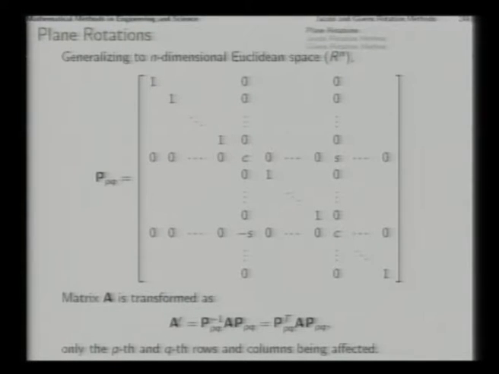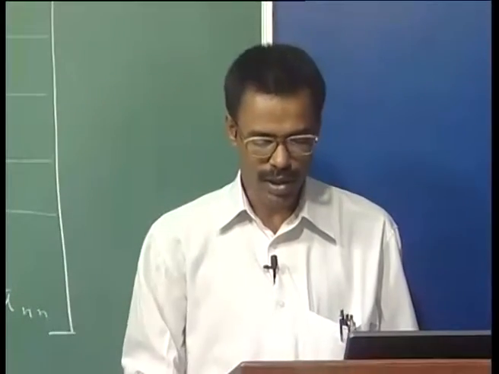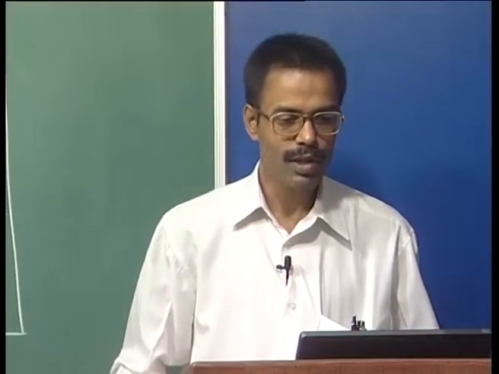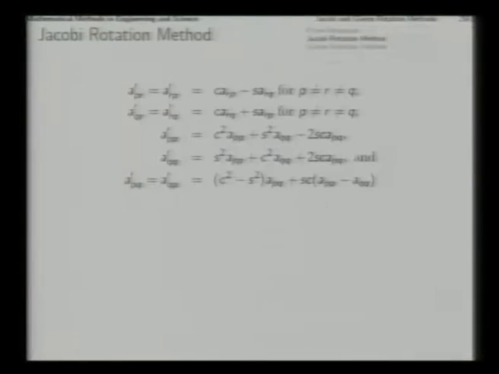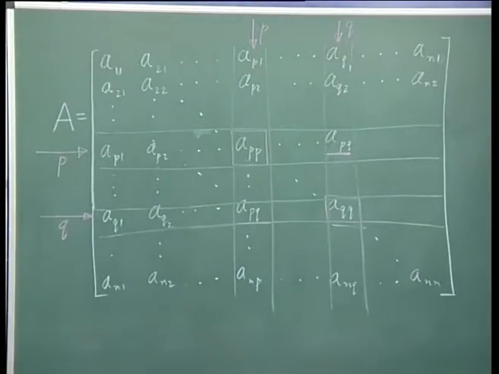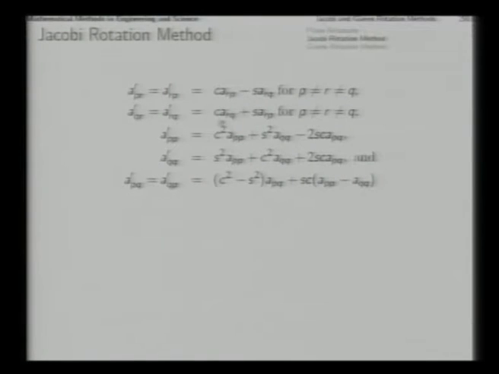This is a matter of pure algebraic calculations, and if you conduct those small calculations, then you will find that the new elements of the matrix after transformation, that is elements of A prime, will have these expressions in terms of the old coordinates, old members, that is ARP, ARQ are the RP and RQ elements of the old matrix A, and corresponding APR prime is the PR element in the new matrix A prime.